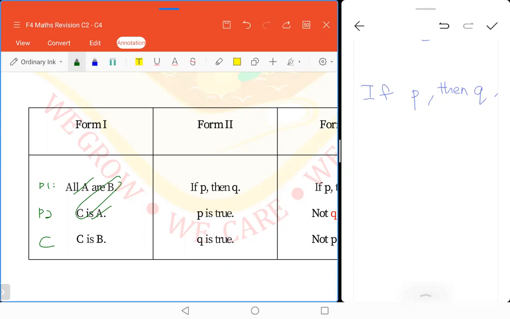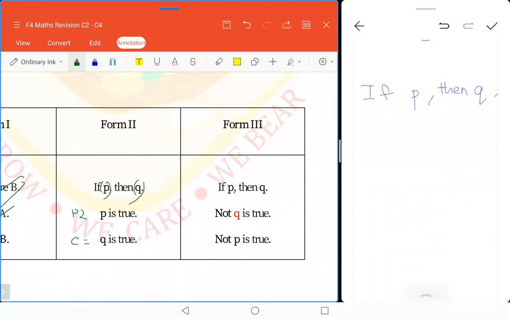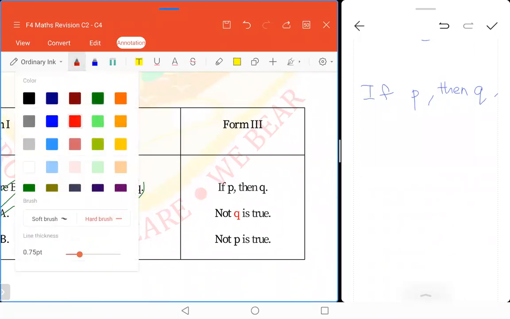Form 1 means the first type. The second type will be if P, then Q. If the premise 2 is repeating sentence P, then you repeat sentence Q. So the conclusion, Q is true. Okay. The third type is the last example just now. This one must be careful.